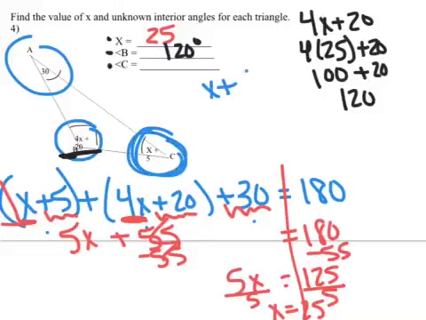We said x was 25 plus 5, which is 30. So angle C is 30 degrees. Now if you wanted to check yourself, you could go back and add your B, which is 120, plus your C, which is 30, and A, which is 30. So 180 degrees in the triangle.